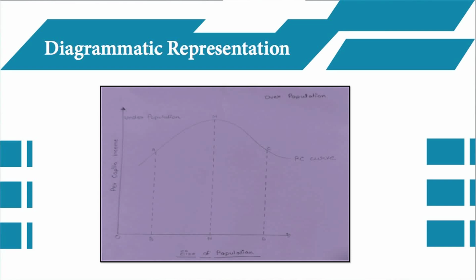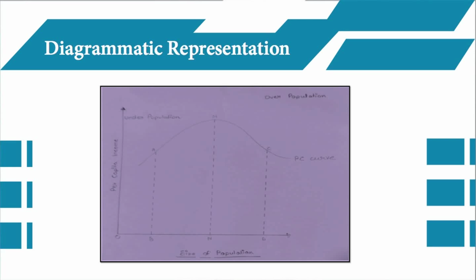You will notice the PC curve, which is the curve that shows the income per capita of the country. As you can see, the income per capita gradually increases, reaches a maximum point, and then it starts declining. The rise and fall in income per capita corresponds to various sizes of population.